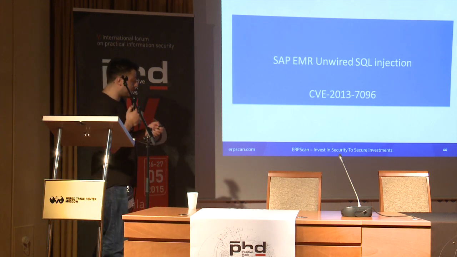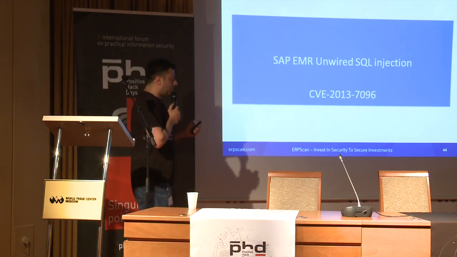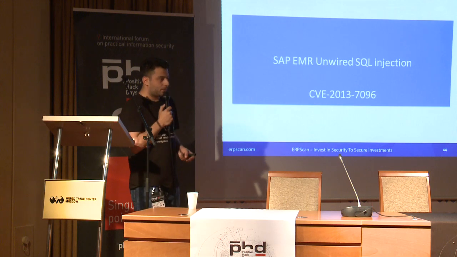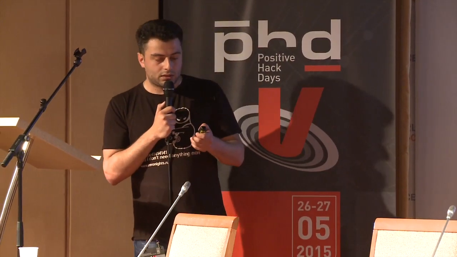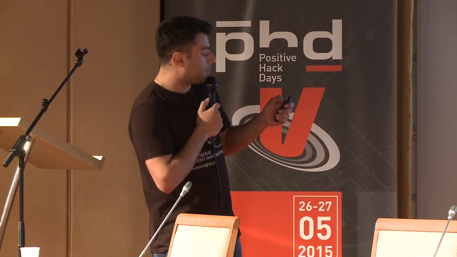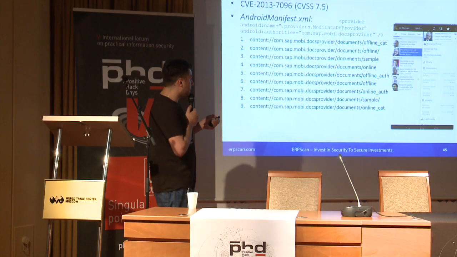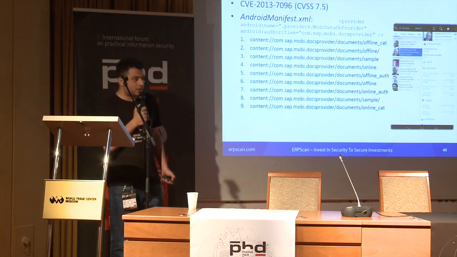So the vulnerability that was discovered by us on the client side, speaking about SAP Mobile Platform: client software which is used for the SAP Mobile Platform can be downloaded from available stores like Web Market, Apple Store, Windows Phone Market. All these clients can be downloaded free of charge. In the given case we have looked at SAP EMR Unwired.